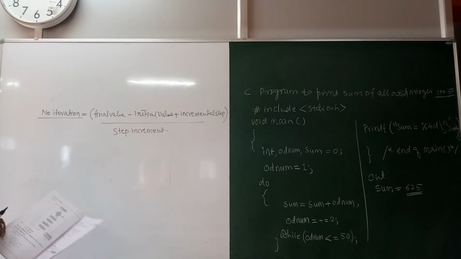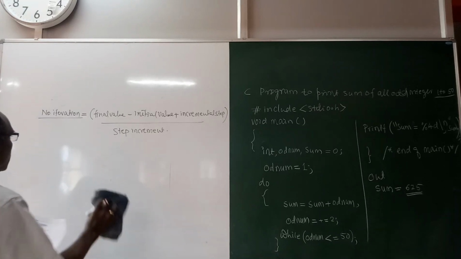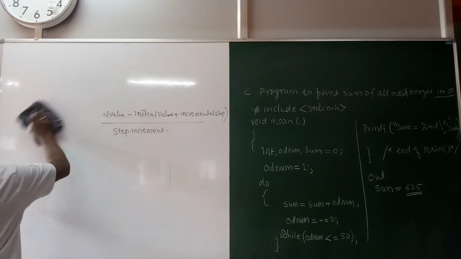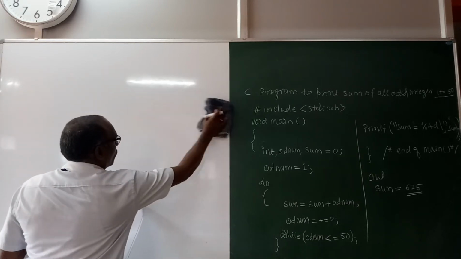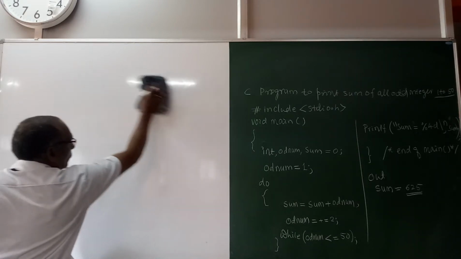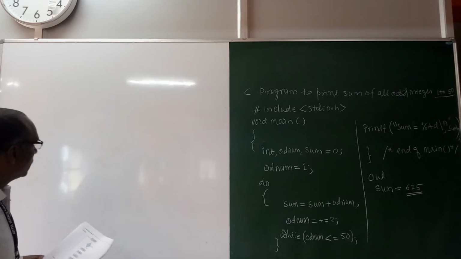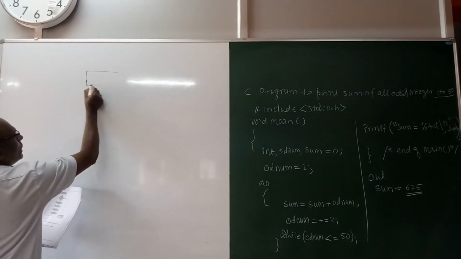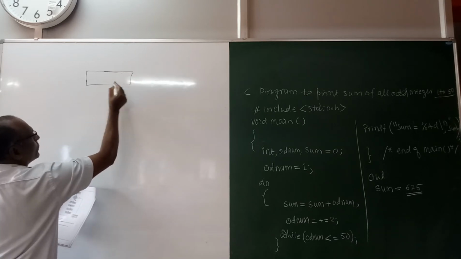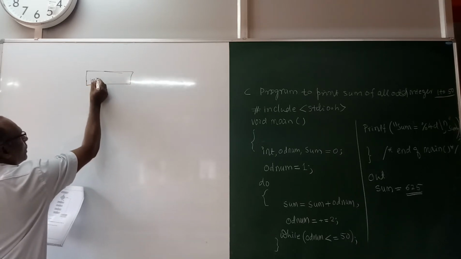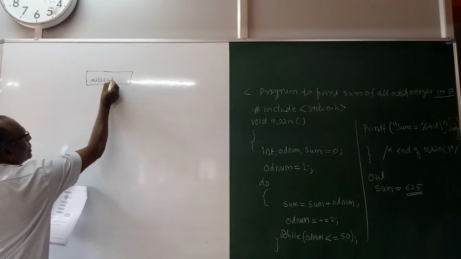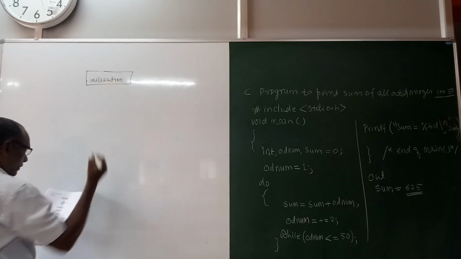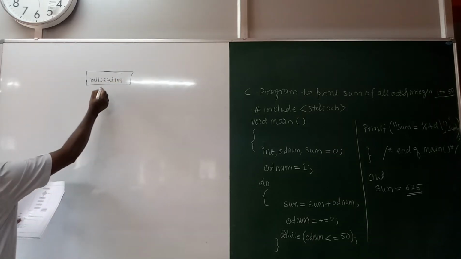Okay, so let's go for the flow chart of the for loop. For this, I will write at the top: initialization is done, right?